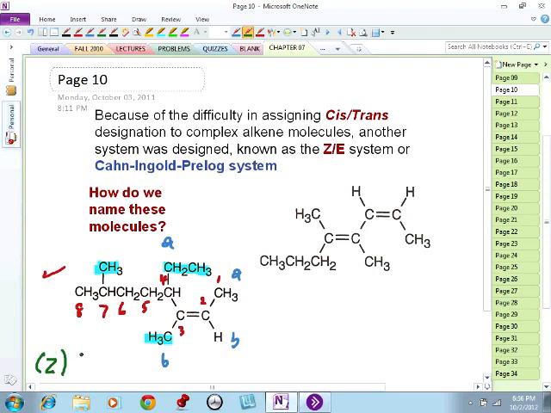Okay, what is the rest of the name? Alphabetical order. For ethyl, don't forget, I have to follow all of those rules that we used with the alkanes.